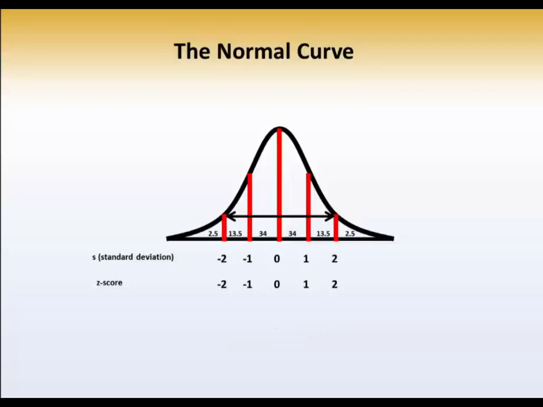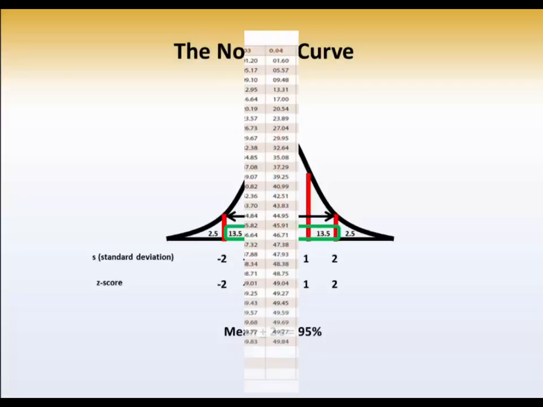What percentage of observations would fall here? Well, you could add up the numbers, but it is 95%. So the mean plus or minus 2 standard deviations represents 95% of the scores in a normal distribution. Technically, it's 1.96, a number that you're going to encounter many times throughout the remainder of your textbook, but we just round it to 2.